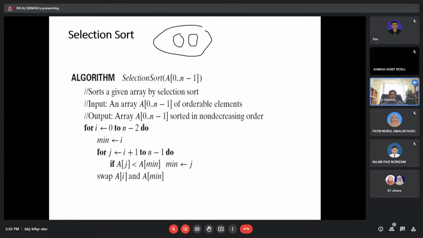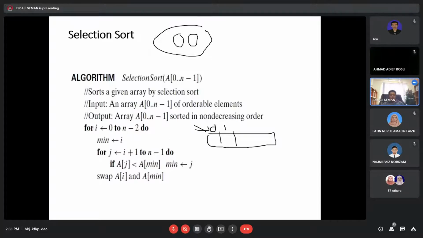But if we compare with bubble sort, which compares each pair, here we compare what? Here we have min assigned, where i equal to 0, and j equal to i plus 1, meaning the next one, this 0, this 1, right? In the array, we set the min for index 0.